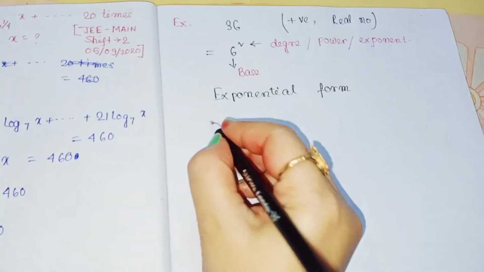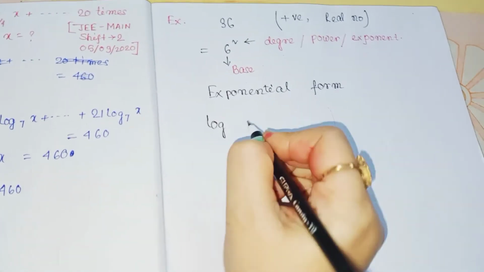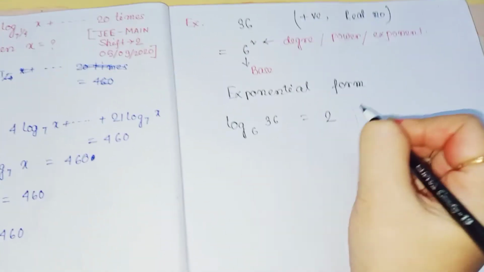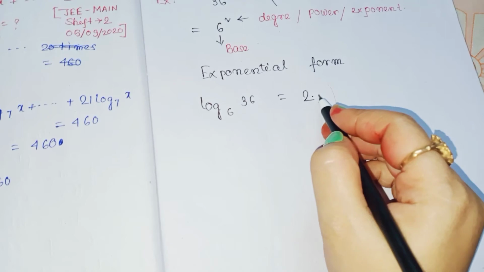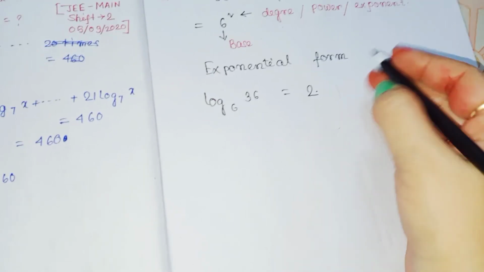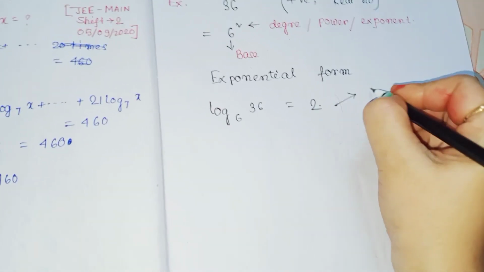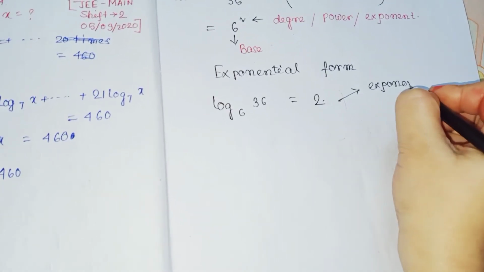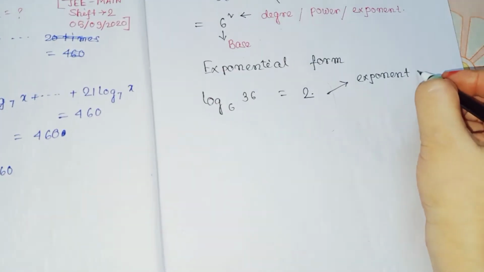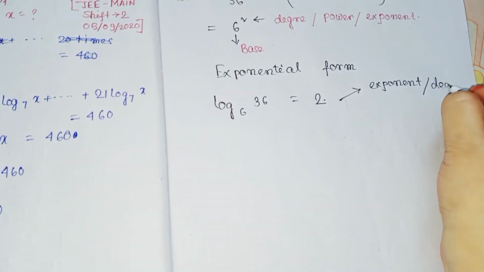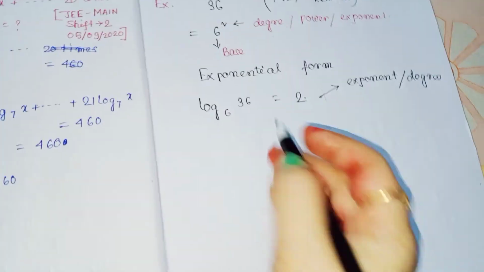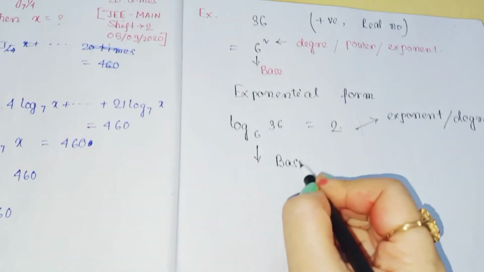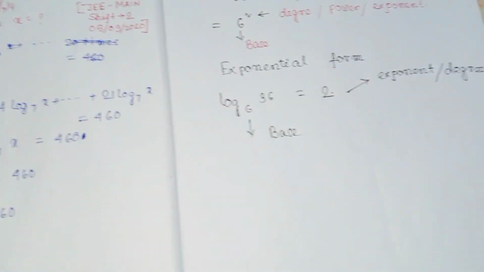Now move on. Log of 36 base 6 is 2. 2 is the exponent or degree, and this one is the base.